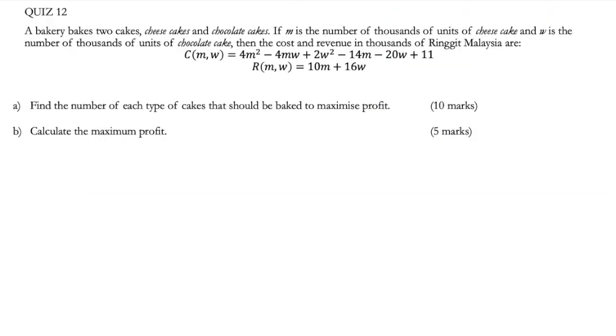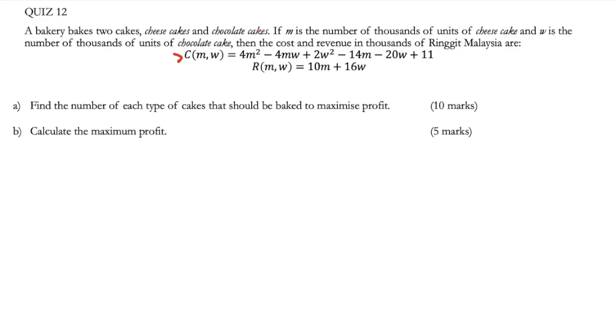Okay. Quiz 12. A bakery bakes 2 cakes, cheesecakes and chocolate cakes. If M is the number of thousands of units of cheesecake and W is the number of thousands of units of chocolate cake, then the cost and revenue in thousands of ringgit Malaysia are: the first one is the cost and the second one is revenue.